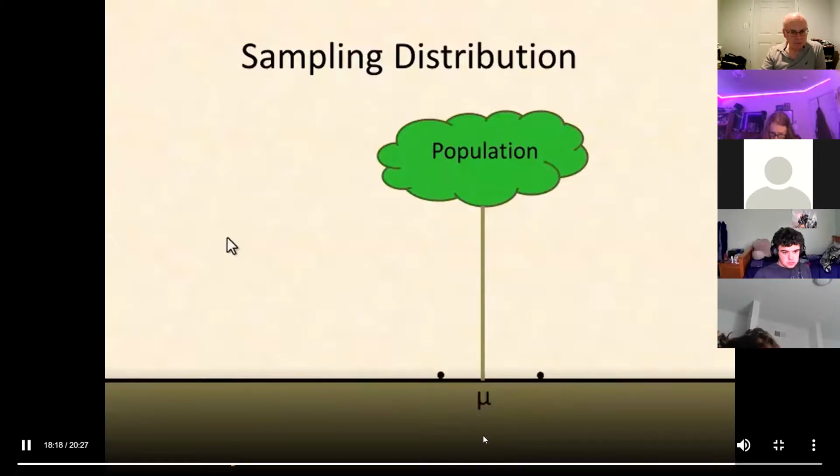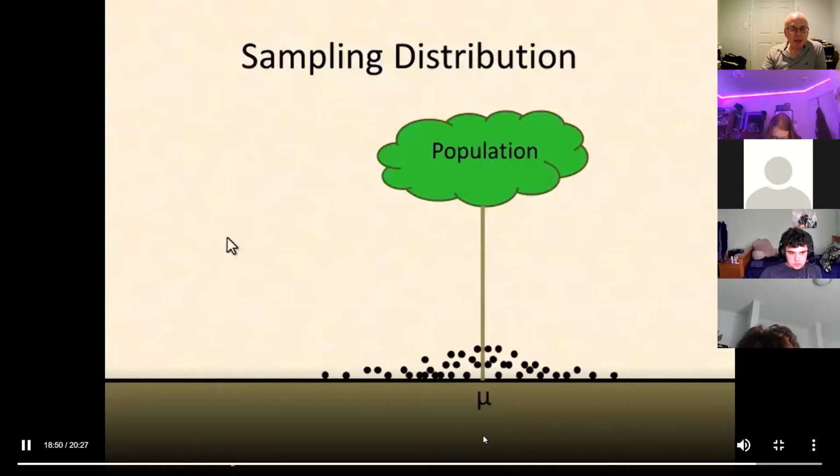It's not the same as the first sample, so the students get this idea of sampling variability, and it's not the same as mu, but they're close. Take another one and take a whole lot of them, and we're creating a sampling distribution here so that students see the familiar shape of the normal curve. They're centered at mu, and they have a certain variability depending on variability of the original population and sample size.